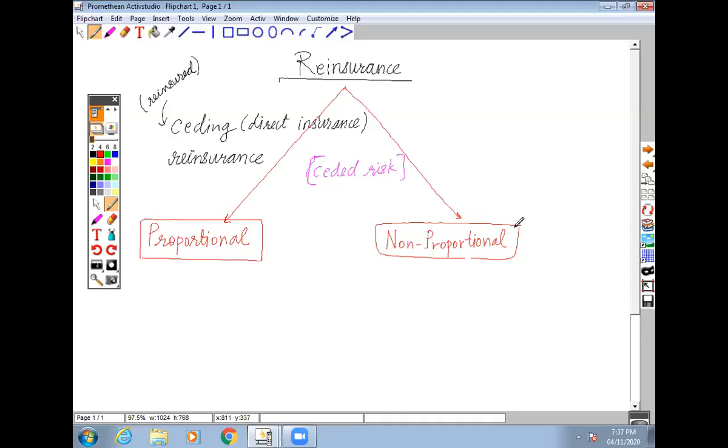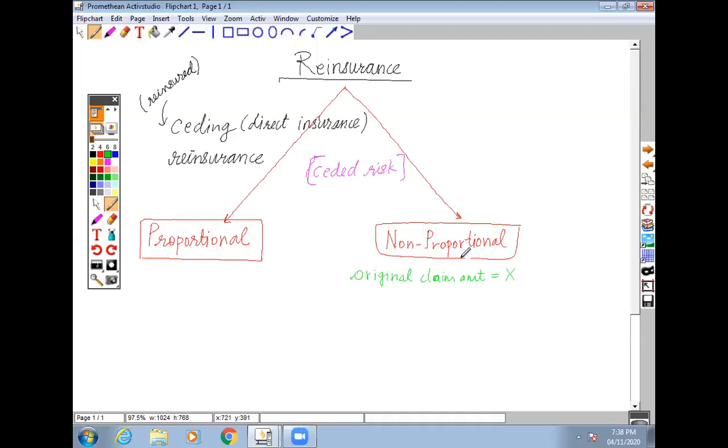So let me tell you what happens in non-proportional, and then you might guess what happens in proportional. Let us say I have the claim amount X. So my original claim amount is X. If I'm talking about non-proportional reinsurance, the reinsurance company will pay some portion of this original X, but not necessarily.